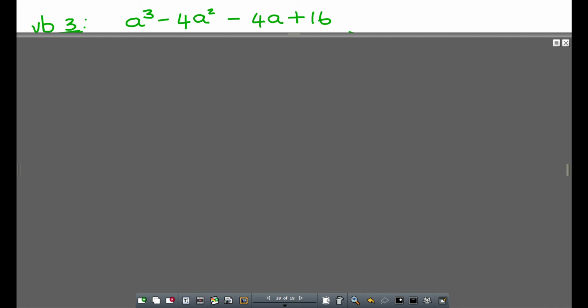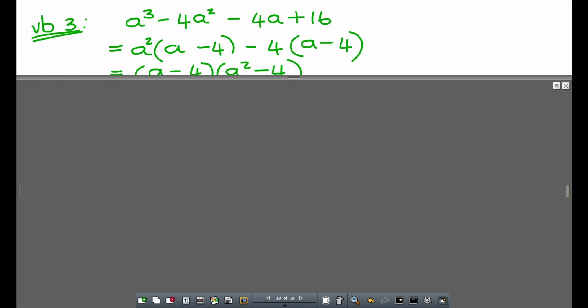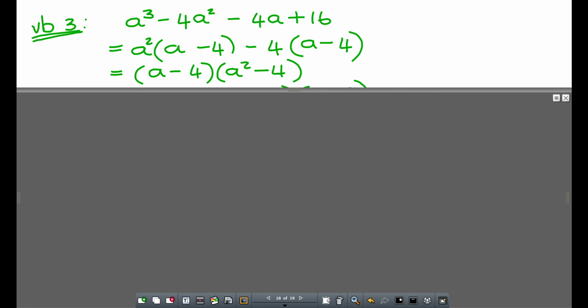Okay, so first step would be to take out a common factor in the first two terms. I grouped those first two together, and then I said I can take out a squared. So then I get a minus 4. If I group the last two terms, then I can take out minus 4. In other words, my bracket would also be a minus 4. You guys good with that? Then a minus 4 I can take out as a common factor.